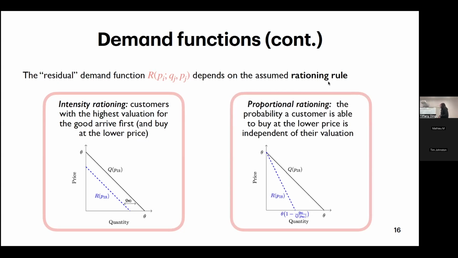Another assumption you can make is proportional rationing. So this essentially is assuming that the probability that a customer is able to buy at a lower price is not dependent on their valuation. So when you make this assumption, the residual demand curve will just be like a steepened version of the original demand function.